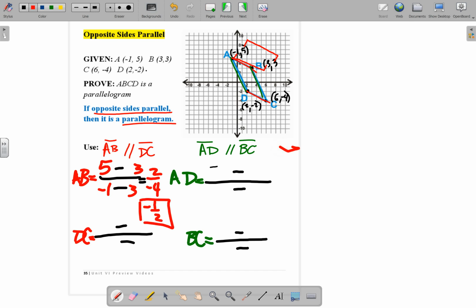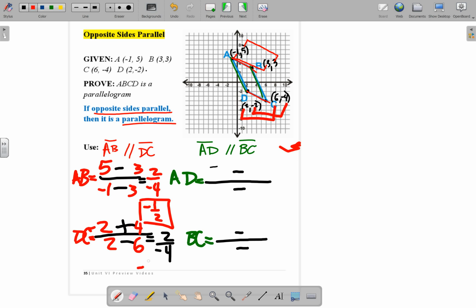Now let's come down here, D to C. Remember, it's y minus y, so you're going to go -2 and 4, and the x's, +2 and 6. Double negative makes a positive. We have +2 over -4.